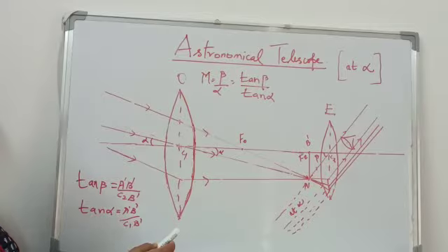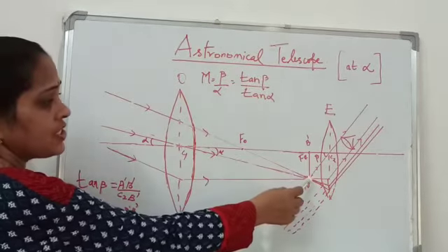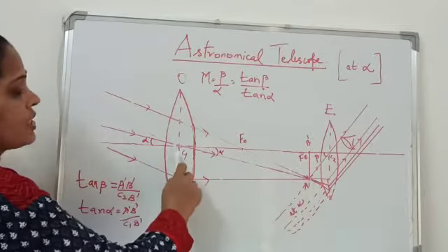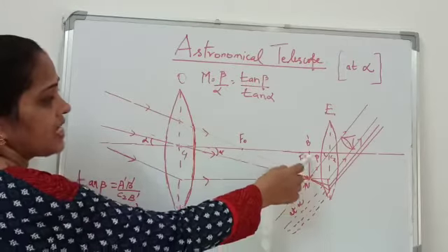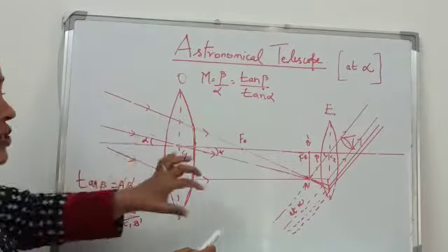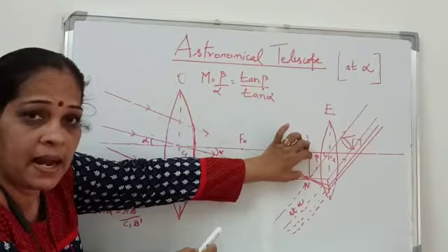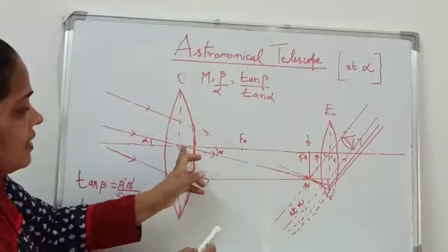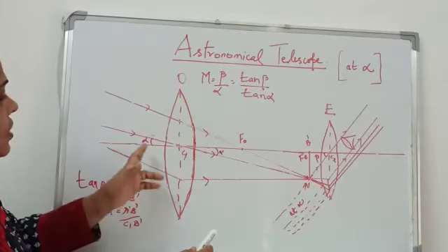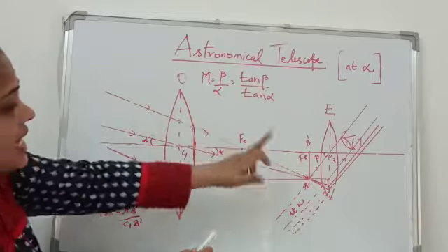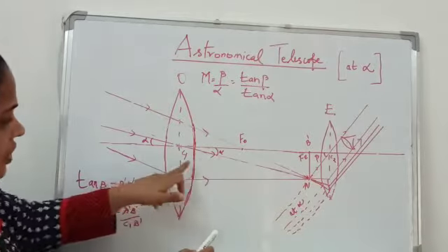Since the object is at infinity, the image should be formed at the focus of this lens. Can you see this? This A dash B dash is a diminished image which is formed at the focal length of this objective lens. So when the object is at infinity, the image is formed at the focus of this lens.